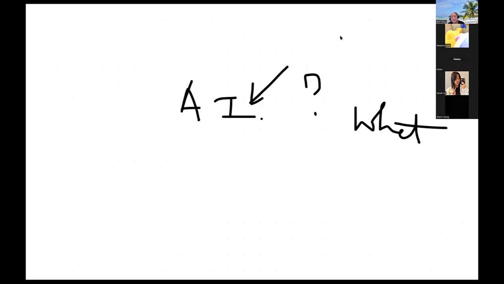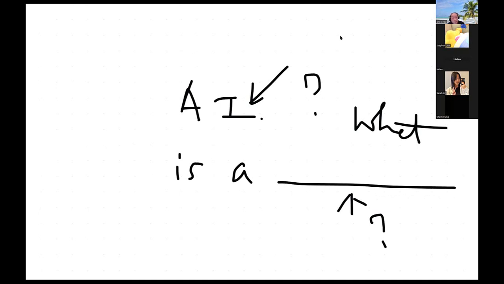It's like a program that can... Give me one word that I already talked about today that represents AI the best. So artificial intelligence is something. Tell me this is something. Like a computation? Yes, that's the right word. AI is a computation.